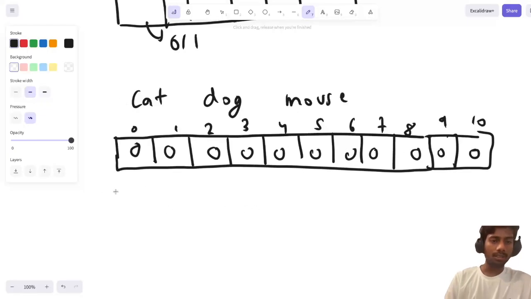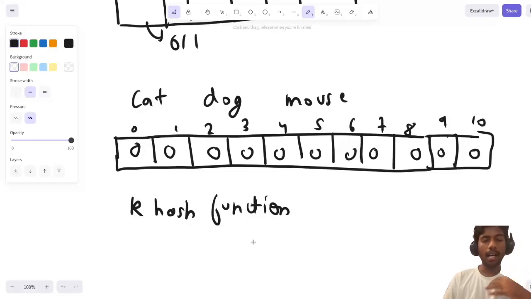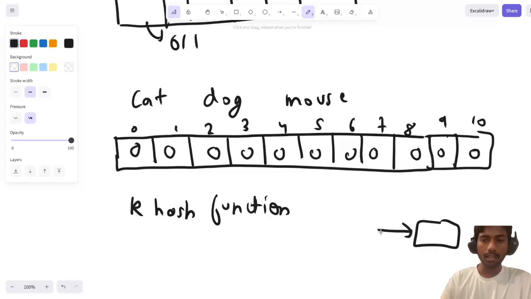Now when a username enters, we try to store it in this array, and we do that using k hash functions. And just so you know what a hash function is, it is simply, let's say for now, a black box that can take an input and produce a predictable and deterministic output.